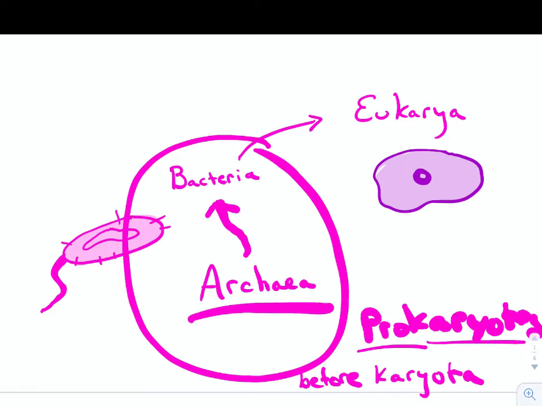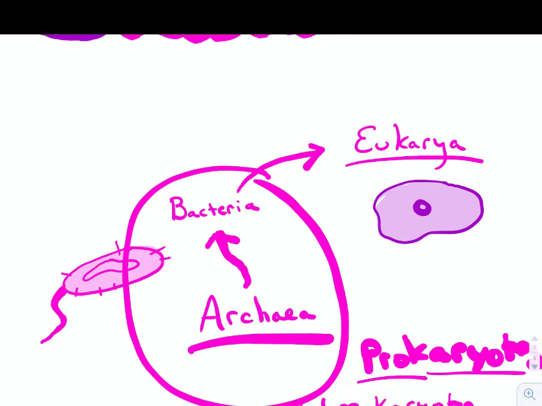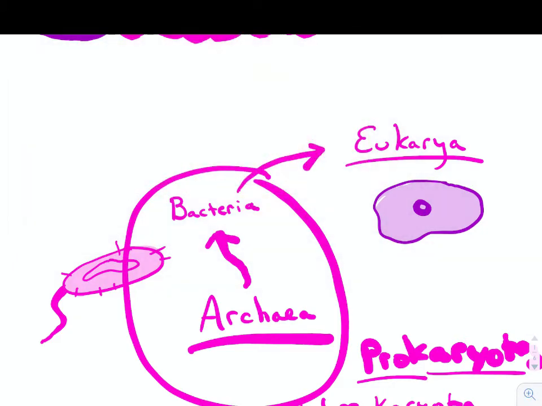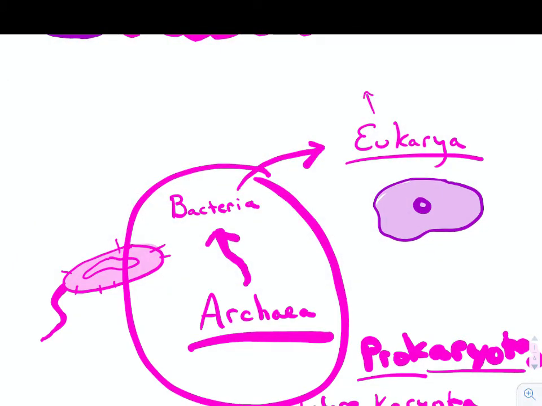We'll notice that bacteria branches off up here and we get a group called eukarya. And eukarya is a domain of life that we're actually very familiar with because within the group eukarya we have 4 kingdoms that we normally think of when we think about living things.